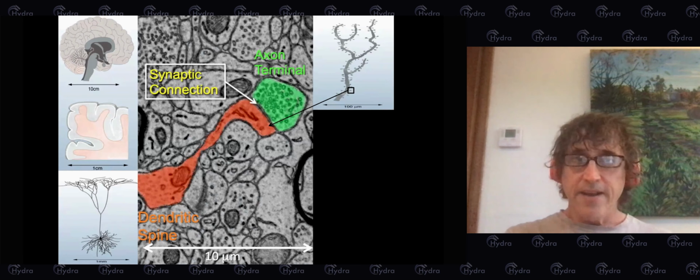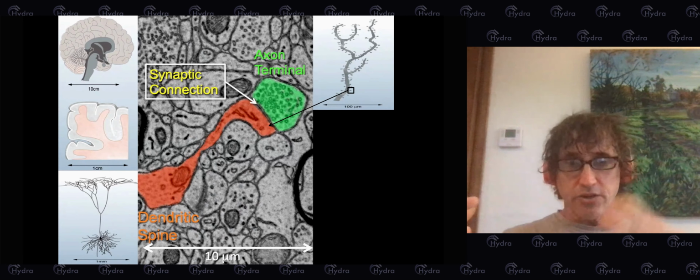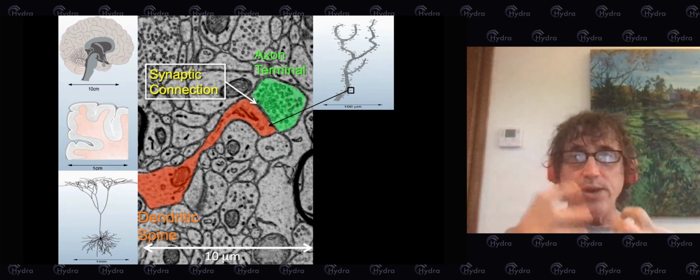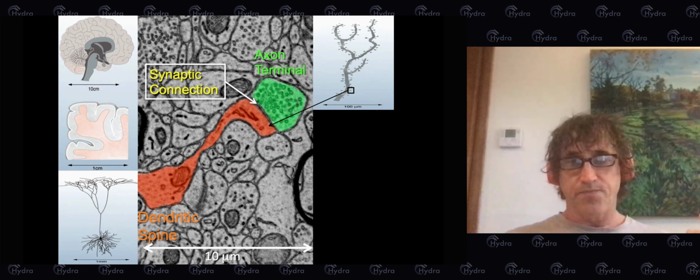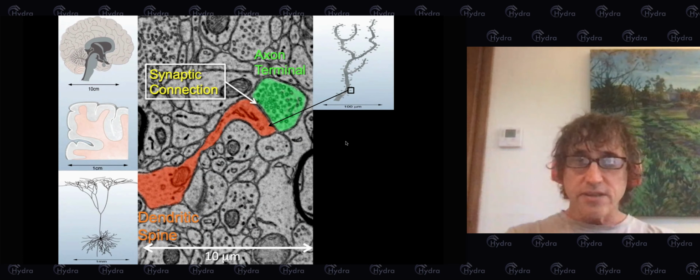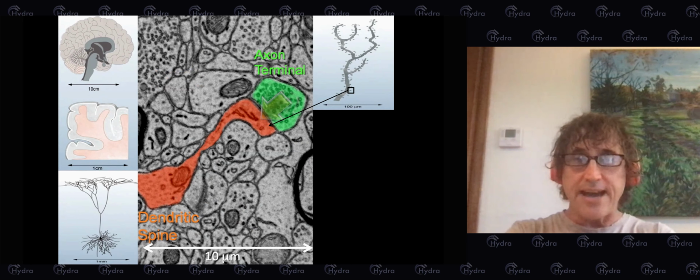And this whole thing, the axon terminal together with the dendritic spine, is what we call a synaptic connection. This connection is where these little vesicles spill the chemical agent, which is essentially a neurotransmitter, from the axon to the dendrite, signaling from one neuron to the next.